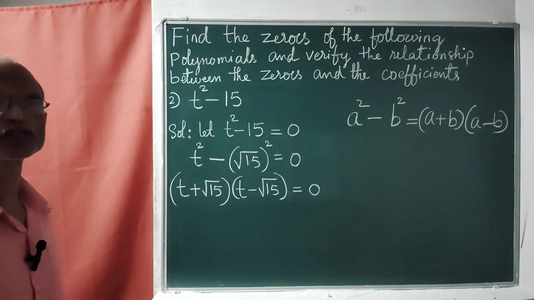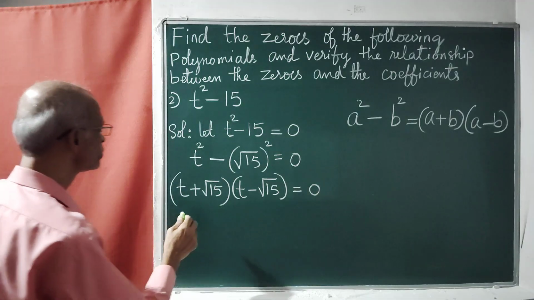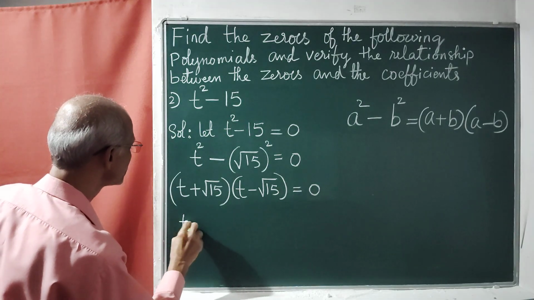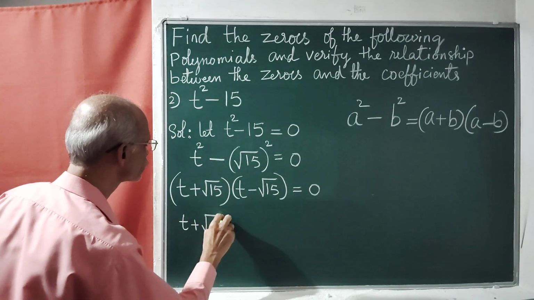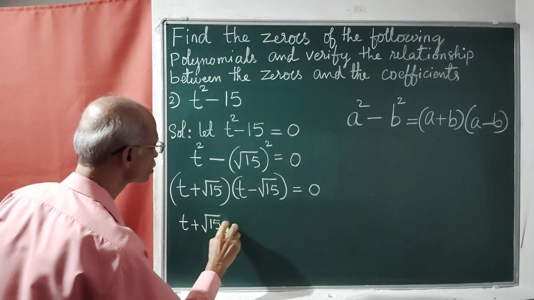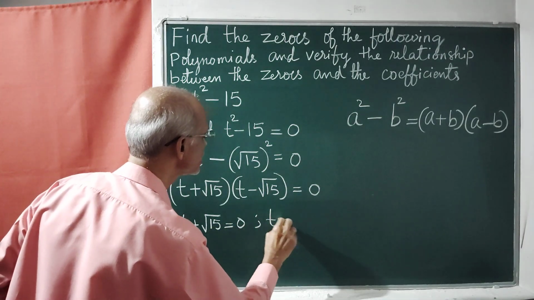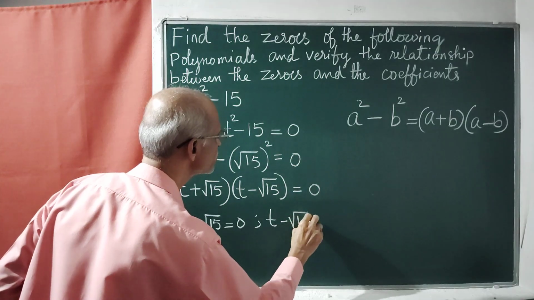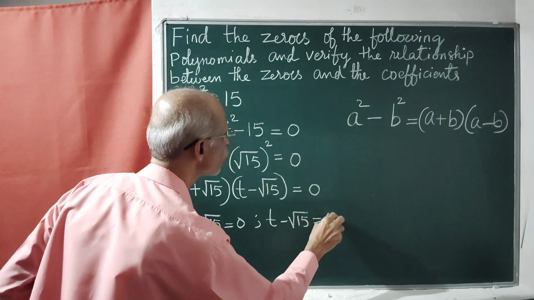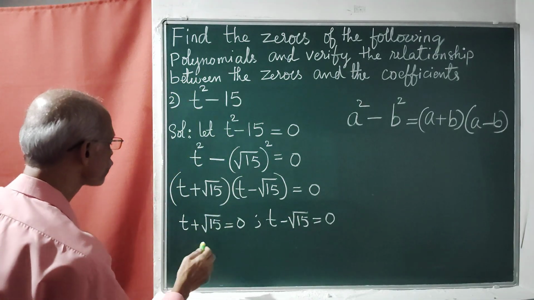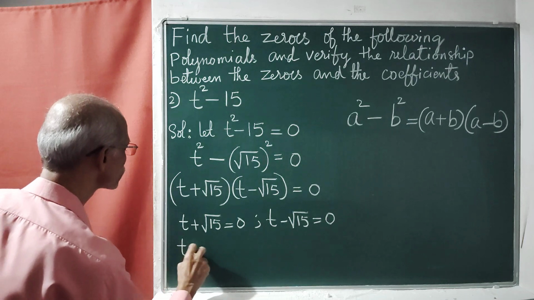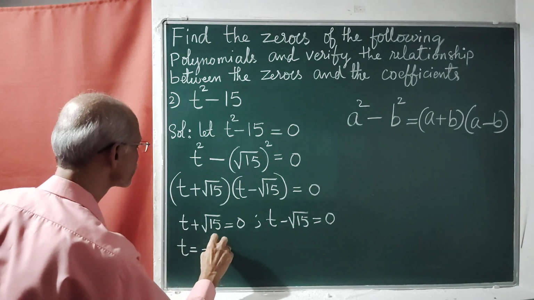I will equate each factor to 0. t plus root 15 is equal to 0, t minus root 15 is equal to 0. If I solve for t, t will be equal to minus root 15.